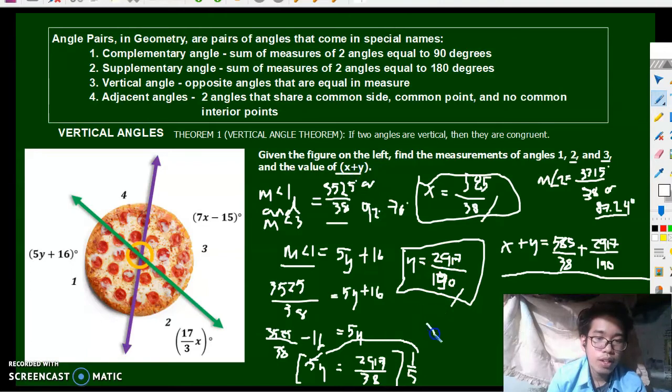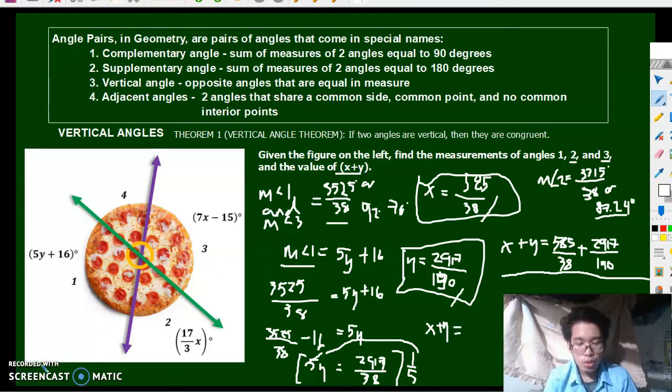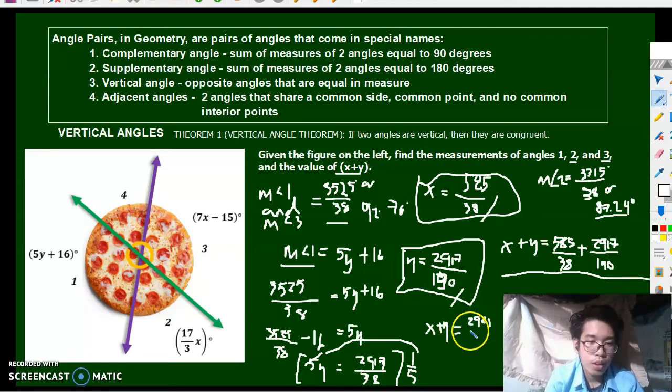So x plus y is simply 2921 all over 95. This is the exact answer: x plus y is equal to 2921 over 95.